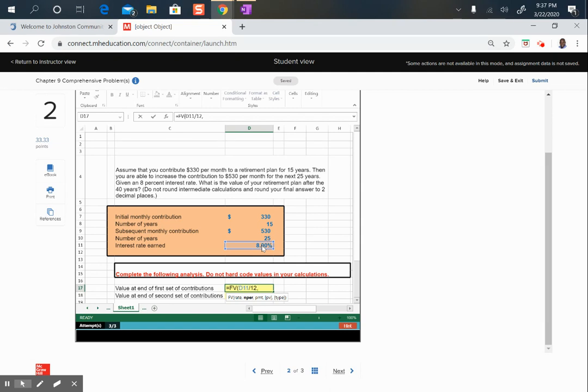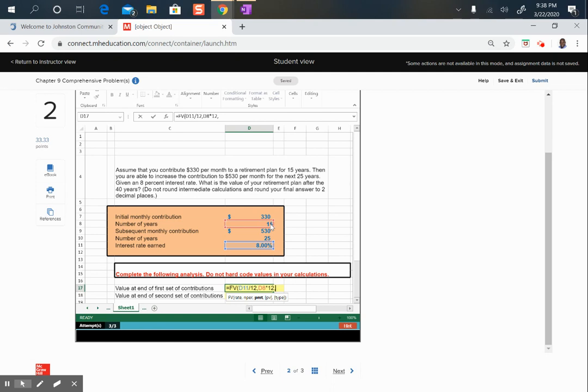And then the number of periods, remember we're talking about 15 years and the payments being made at the end of every month. So in this case, the total number of periods is going to be, we reference the number of years, 15, times 12, because there's no cell for 12 for us to reference. That represents the total number of periods. And then the payment for us here, you're paying $330 for the first 15 years.